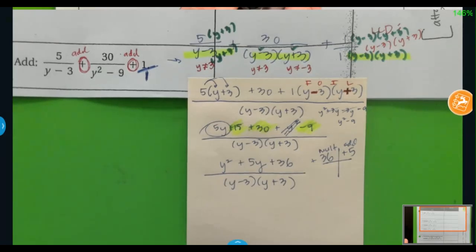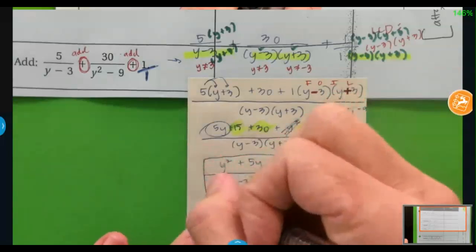What would multiply together to give you 36 and give you a 5, but the signs just don't quite work out for us? 9 and 4. 9 and 4 is tempting because 9 times 4 is 36 and 9 minus 4 is 5, but the signs don't work. 12 and 3, no. 2 and 18, no. So is there anything that will multiply together to give us 36 and add together to give us 5? No. So that's it. You're done. Final answer.